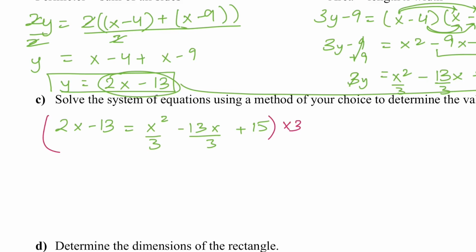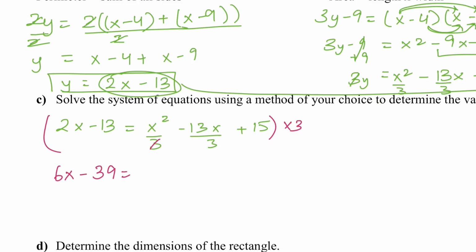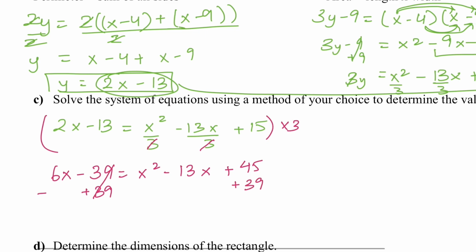So you'll have 6x minus 39. Sorry, 3 divided by 3 is 1. x squared minus 13x plus 15 times 3 is 45. Add 39 on both sides. Subtract 6x on both sides. You get 0 is equal to x squared minus 19x plus 84.